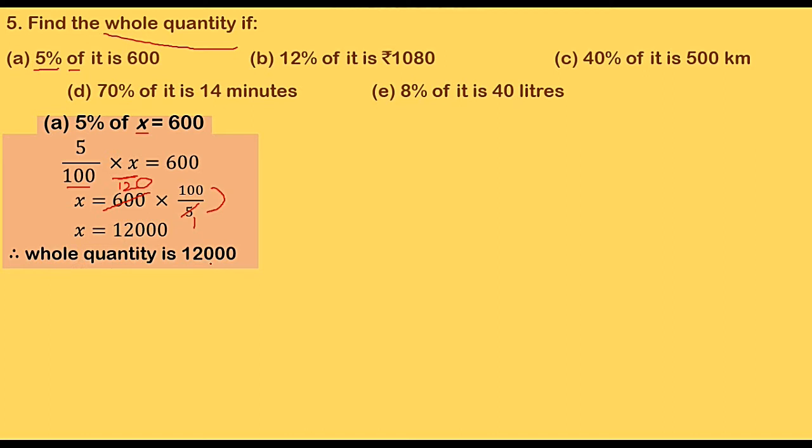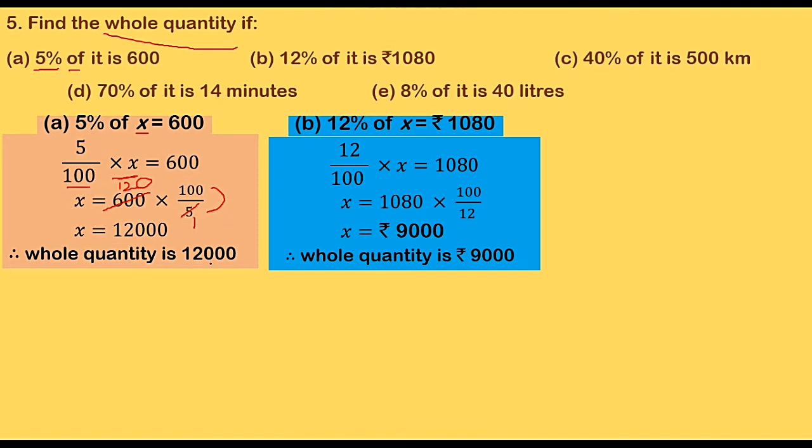Question number 5, B. 12% of it is rupees 1080. So 12% I'll be writing as 12 upon 100 multiplied by x, the variable I have taken, equals rupees 1080. Keeping x on one side alone, I move 12 upon 100 to the RHS.